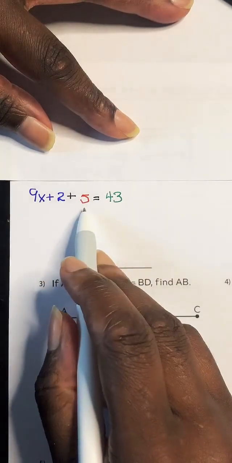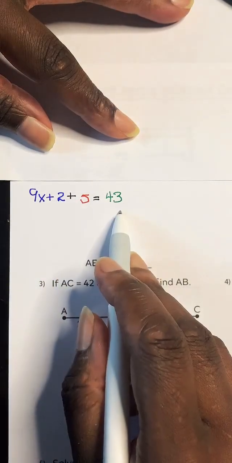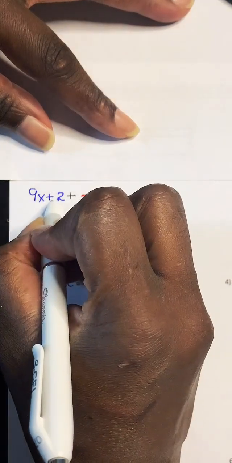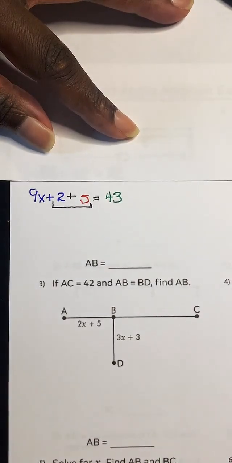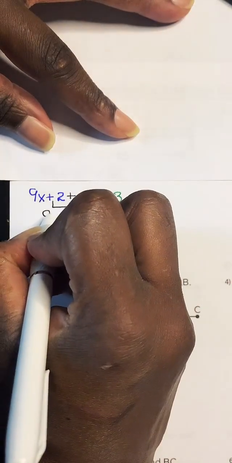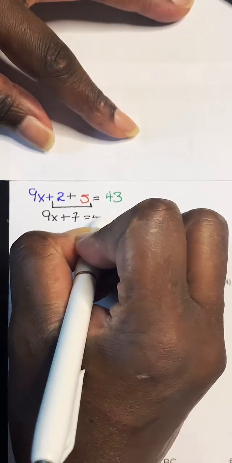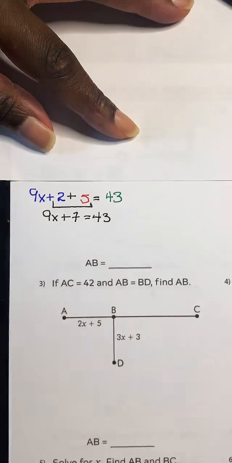Everyone's like, you take 5 and subtract 5 on both sides, and then subtract the 2 on both sides. Why do that? Why not just combine those two first? So now we have 9x plus 7 is equal to 43. All we really wanted to do was combine those like terms.